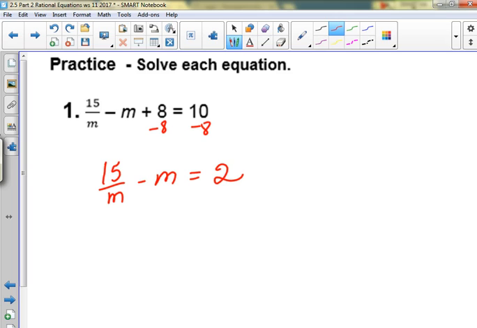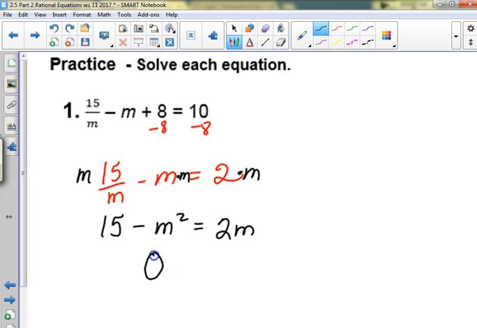Now to get rid of our denominators, we're going to multiply by m. Okay. What happens here when we multiply by an m? We just get 15. M times m is m squared, and the right-hand side is a 2m. All right.